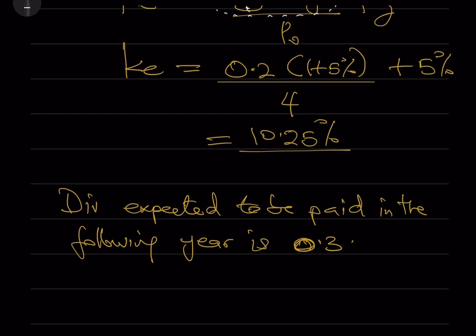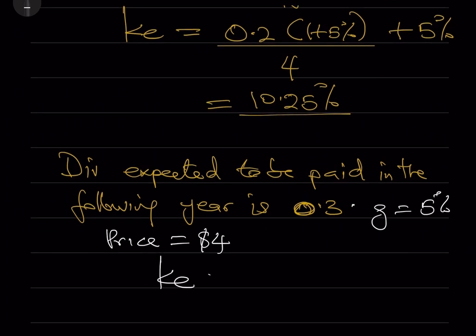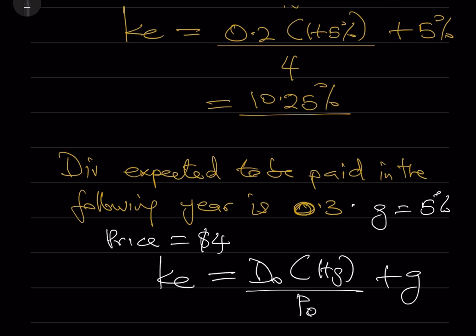So if this question says this, G is still 5% and price is $4, then the same formula, D equals D naught, where D naught is the current dividend paid in the current year, 1 plus G over P naught plus G. But now this question has not provided the current dividend paid, but has only given the dividend to be paid in the following year.